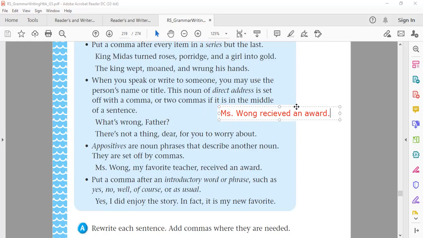And that could be a good and correct sentence. But I want to tell you more information about Miss Wong, maybe because she means a lot to me. Then I say, Miss Wong, comma, my favorite teacher. This information doesn't matter for you, it matters only for me, right? Because I'm talking about my favorite teacher.